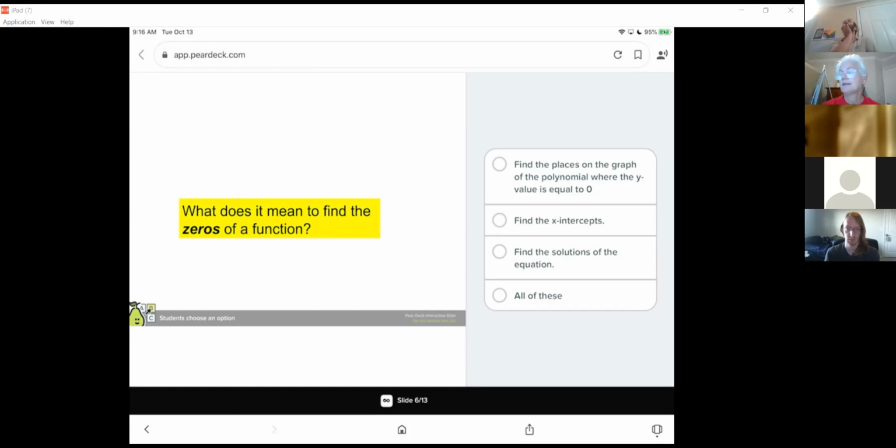If they ask you to find the zeros, they're asking you to find the places on the graph of the polynomial where the y value is equal to 0. So you can just set the whole thing equal to 0. Or if you've graphed it, it's the x-intercepts. Those are also called the zeros. Those are also the solutions of the equation. So basically, if you're asked to find the zeros, you're being asked to solve the equation.